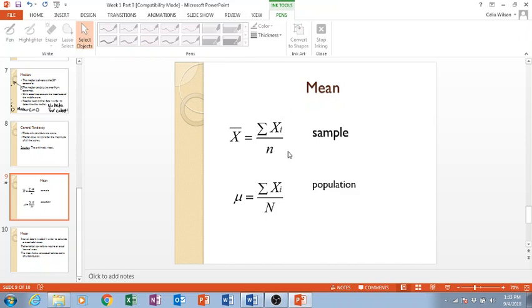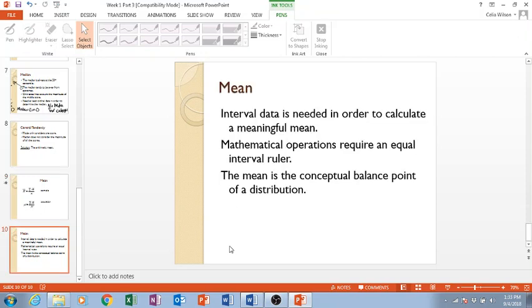Like I told you before, it's just the average, right? It's the sum of all your values, so all of your distribution summed together, divided by the number in your distribution, okay? All right, we have to have, like we talked about before, at least interval data to calculate a meaningful mean.